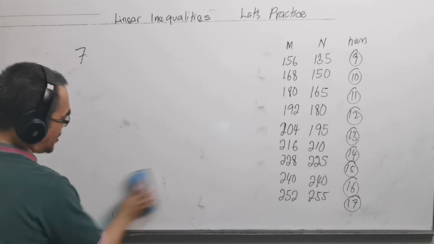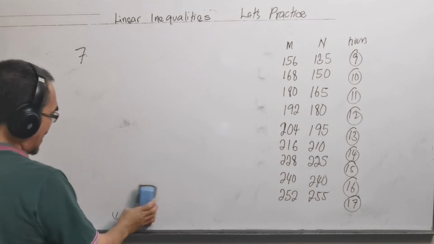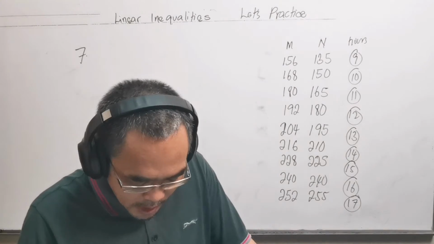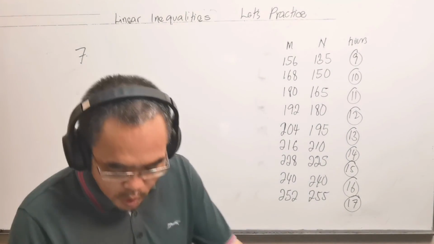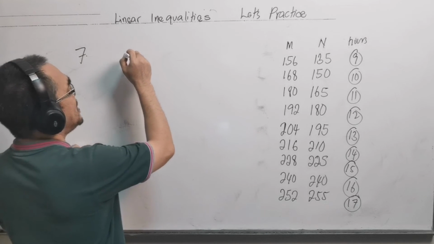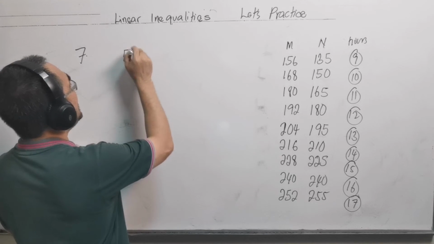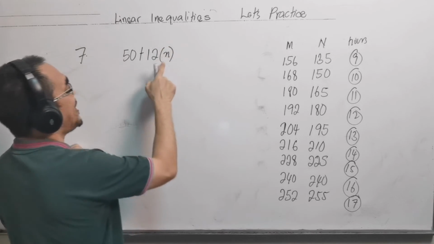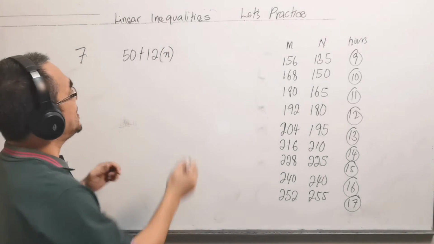Okay, so it's impossible for us to calculate just like this during an exam, for example. So a member pays RM 15 plus 12 times x, where x is the number of hours.